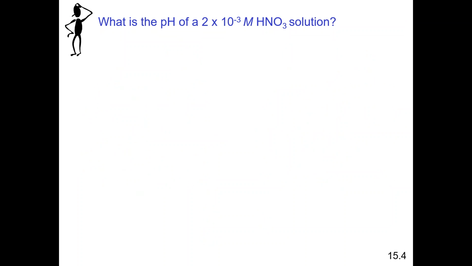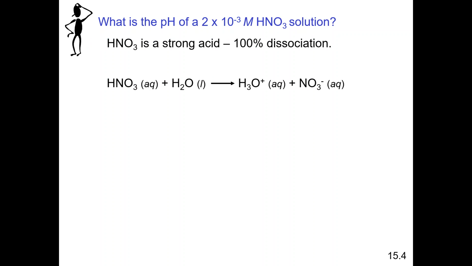What is the pH of a 2.2 times 10 to the minus 3 M nitric acid? Because we know that nitric acid is a strong acid, we know that all the nitric acid will be converted to hydronium and nitrate. And because it's a 1-to-1 ratio between the nitric acid and the hydronium ion, well, this is basically an ICE table.